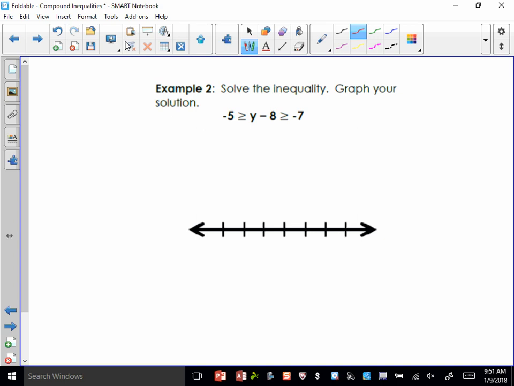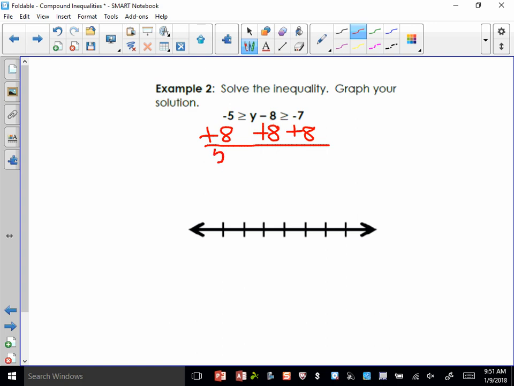So you'll have to do +8 here and +8 on the left and the right sides, because you're doing it all at one time. You're not taking the -5 is greater than or equal to y - 8 and solving that, and then y - 8 is greater than or equal to -7 and solving that individually. You're solving it all at one time. So we're going to put +8 in all three sections.